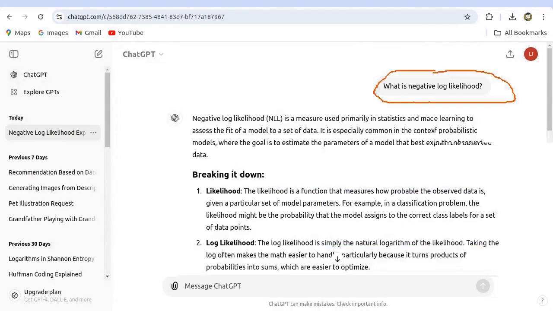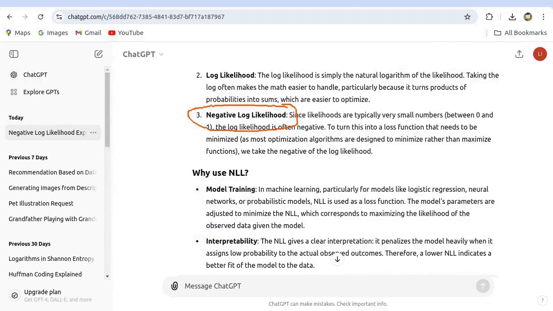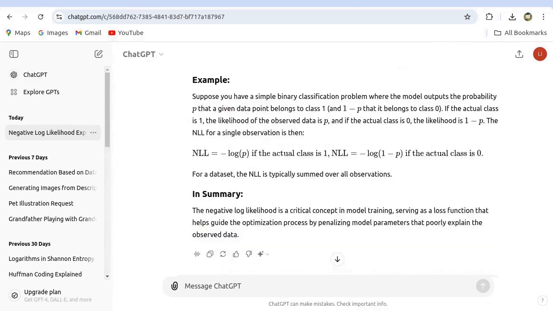To expedite the process, I asked ChatGPT to clarify the definition of negative log likelihood. ChatGPT breaks down the query and provides a detailed explanation. You can pose your own question and receive a response from ChatGPT.